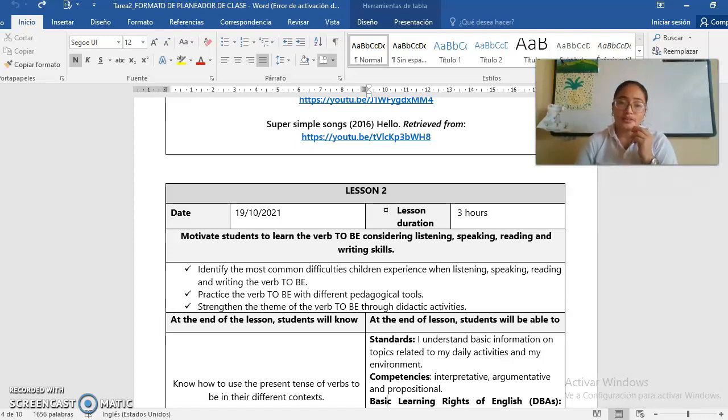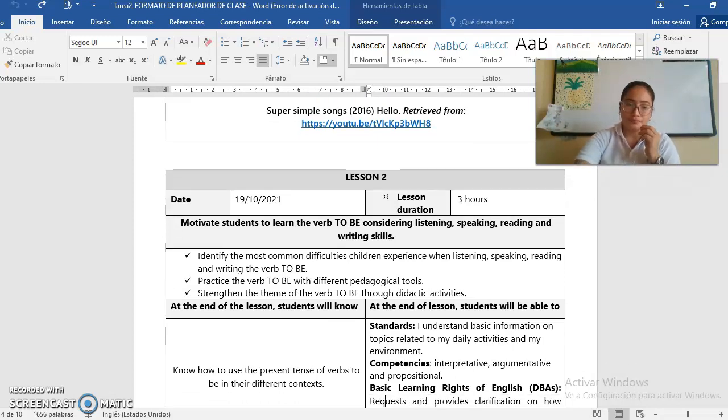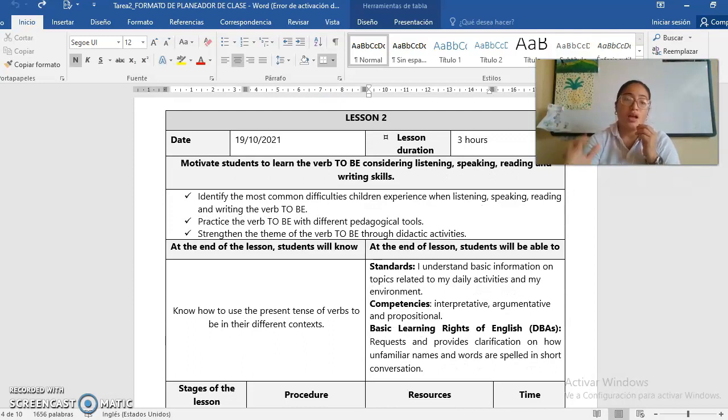Strengthen the theme of the verb to be through the activity. At the end of the lesson, students will know how to use the present tense of the verb to be in its different contexts.